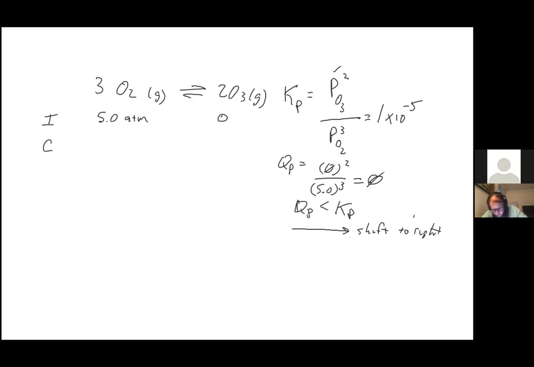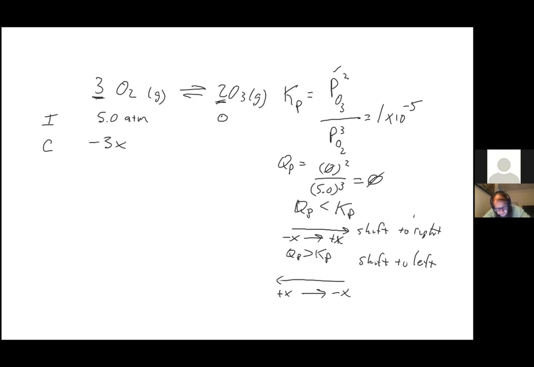So if you're doing shift to the right, you get minus X goes to plus X. Now, if Q is greater than K, that means shift to the left, and that's where you're going to get plus X on this side and minus X on that side. That's the information you need. So remember, you have the 3 there, so minus 3X, and then you have the 2 there, plus 2X.